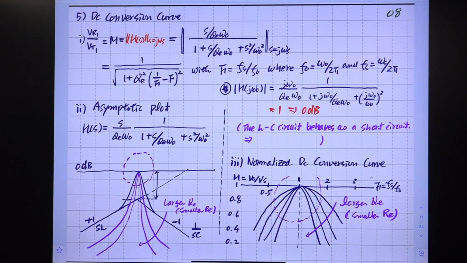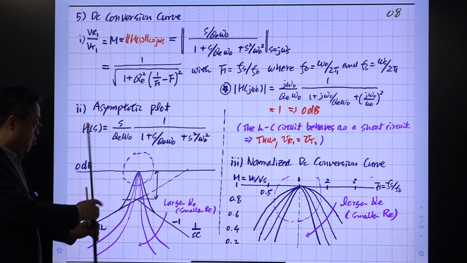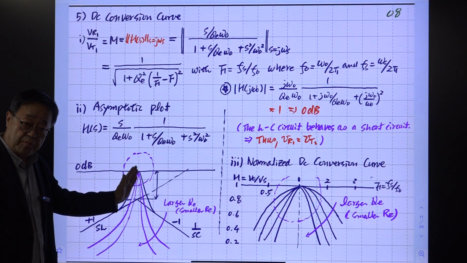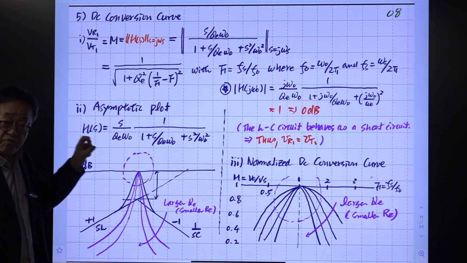Then the magnitude of the output voltage has got to be the same as the magnitude of the input voltage. Okay, otherwise some miracle happened. All right, that is the Bode plot of the transfer gain, which is the DC gain from input to output. So if you put your switching frequency at this point, somehow, then you will get the maximum gain of 1. Input and output voltage will be the same.